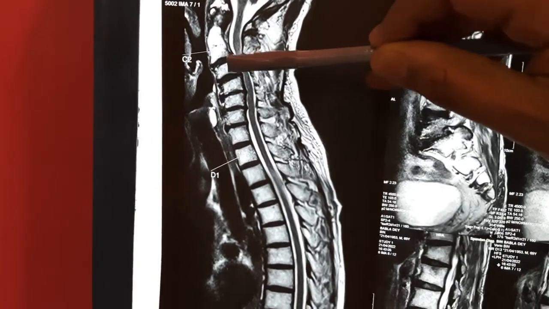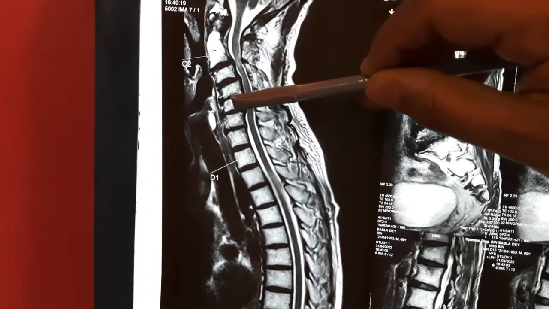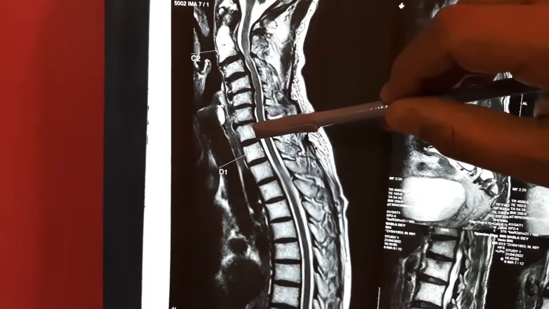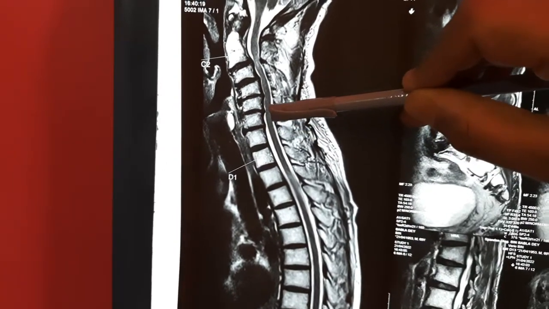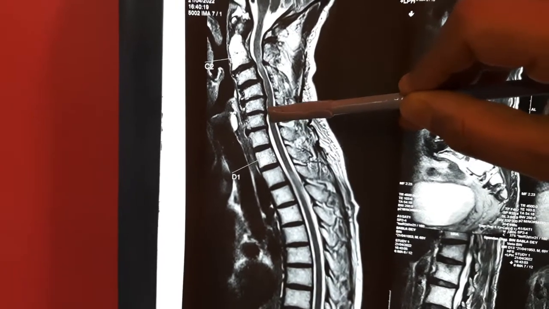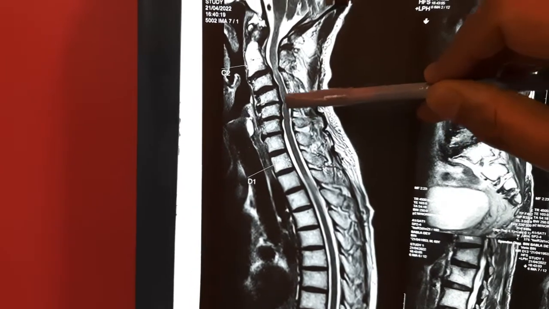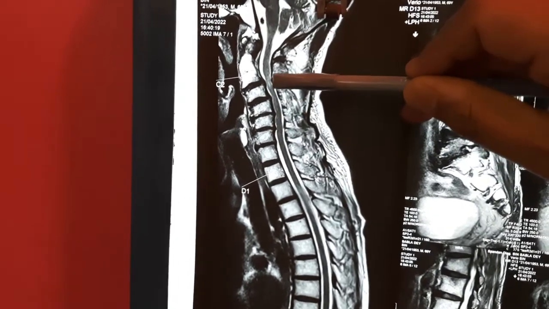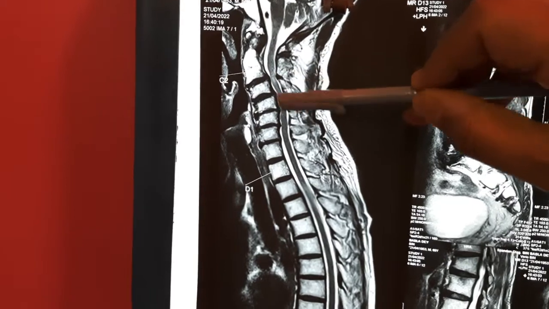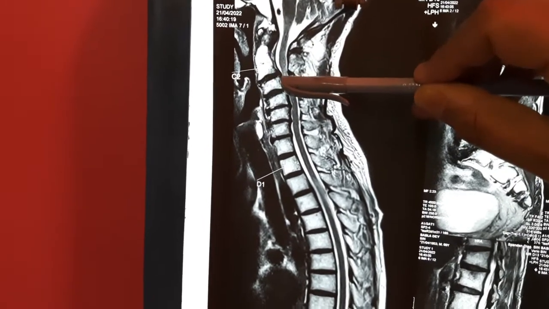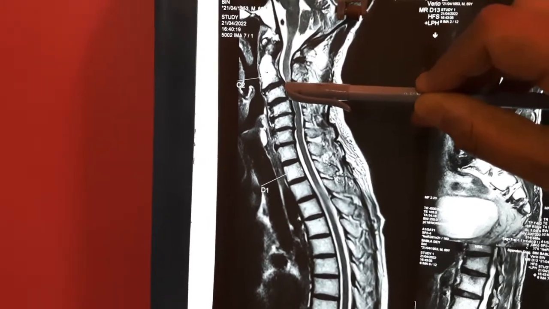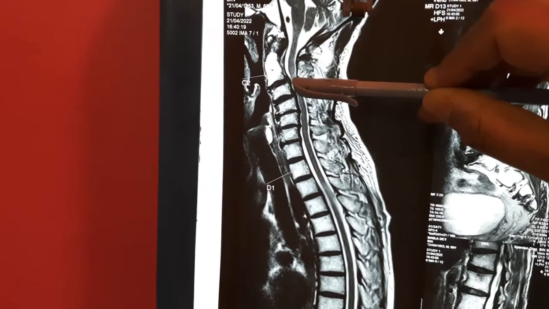Again, going down, C3, C4, C5, C6, C7, we can see a mild thecal sac compression. The maximum thecal sac compression is at C2 because of the disc herniation, and you can see how the disc herniation is compressing the thecal sac.